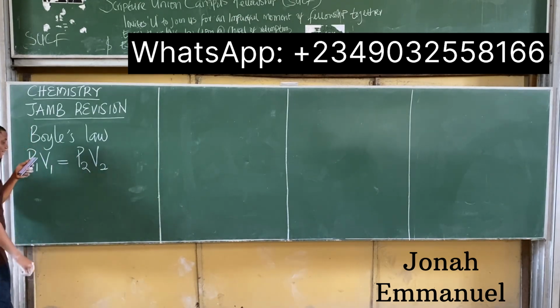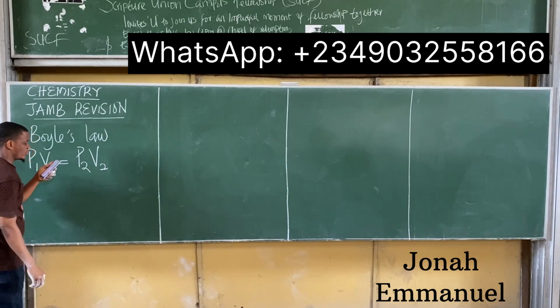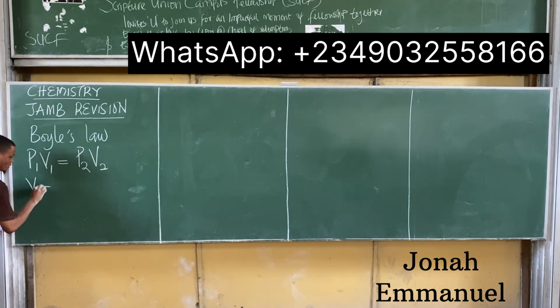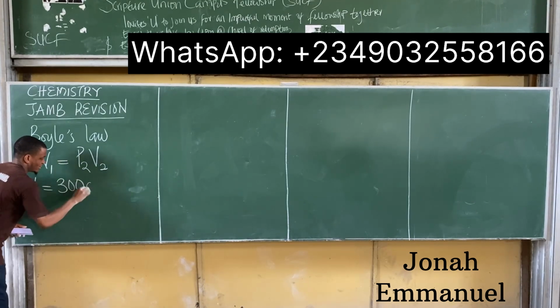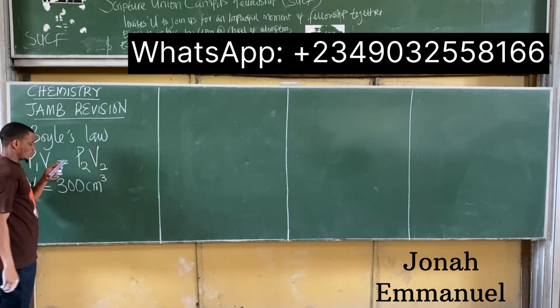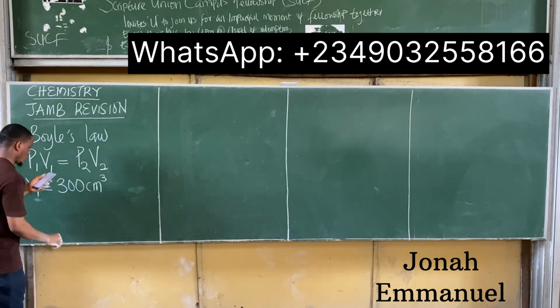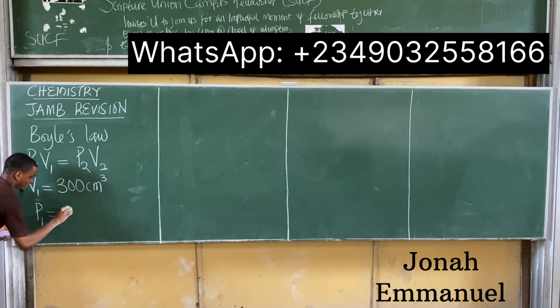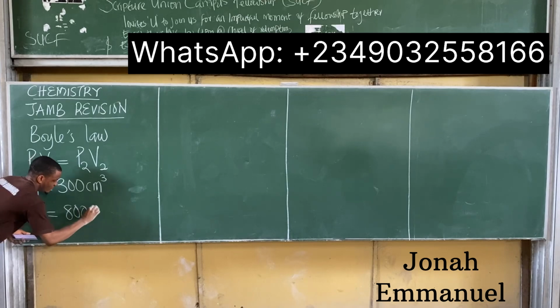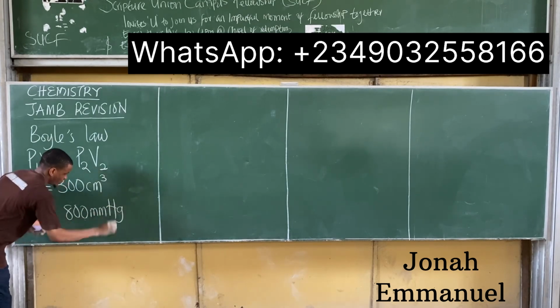All right, the first thing that was mentioned there is 300 cm cube. That's V1 is equal to 300 cm cube. It has a pressure P1 as 800 millimeter mercury.